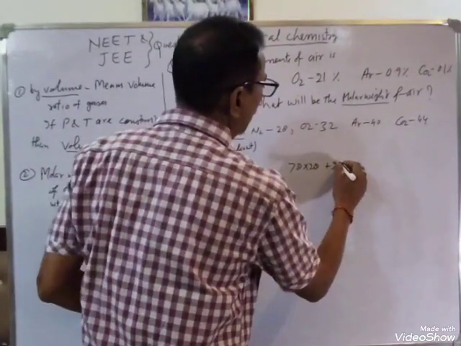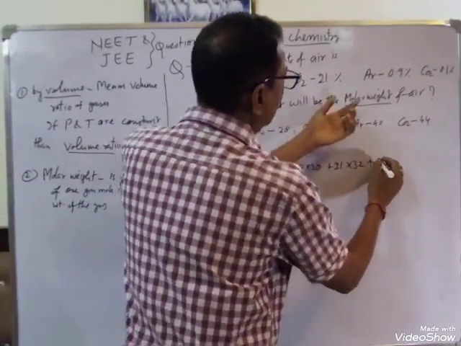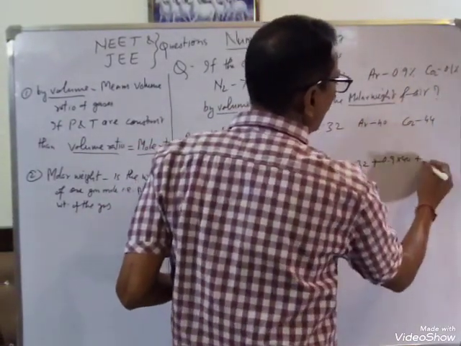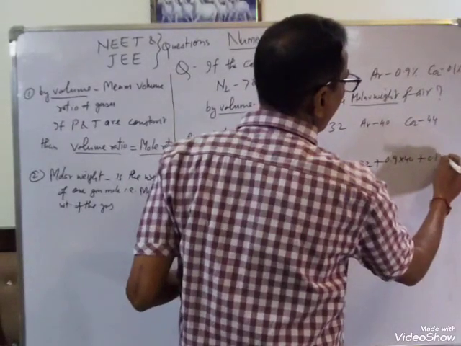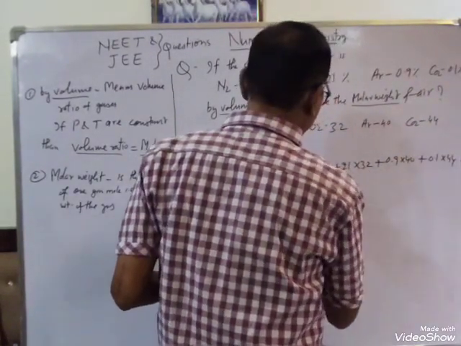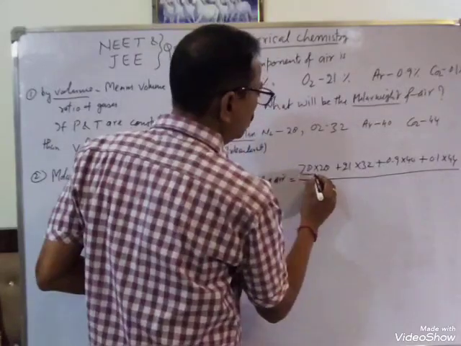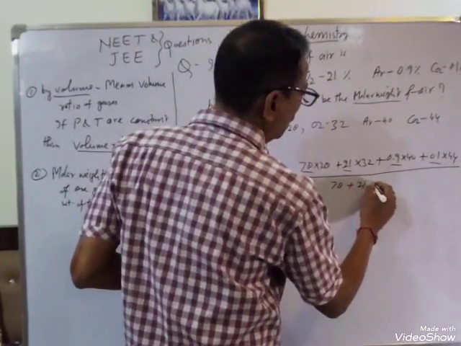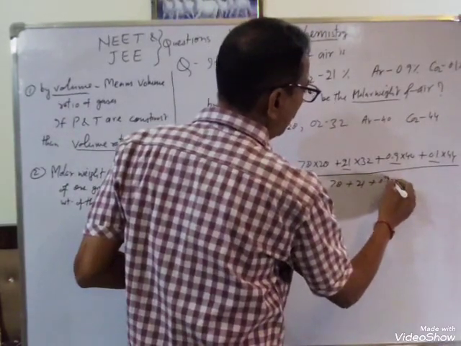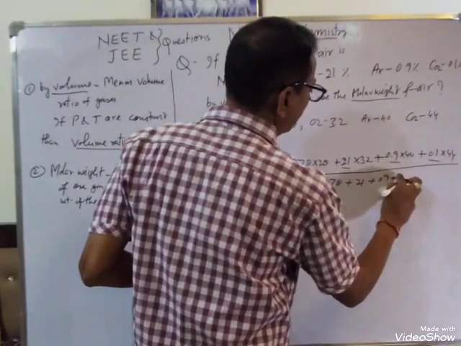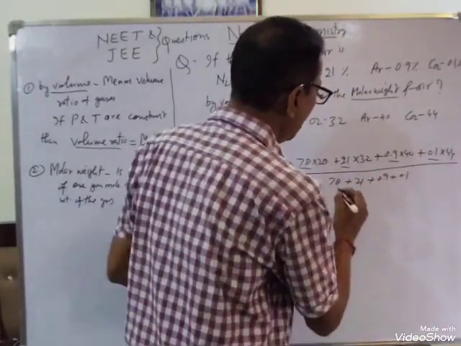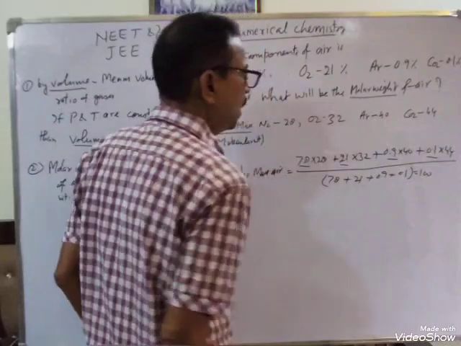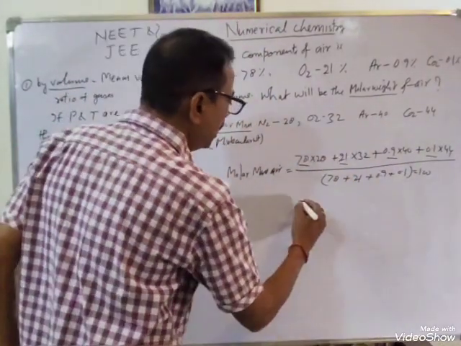Similarly oxygen 21% of 32 plus argon 0.9 into 40 plus CO2 0.1 into 44, divided by the total percent, this plus this plus this plus this, which is 78 plus 21 plus 0.9 plus 0.1, it is 100. This is 100.